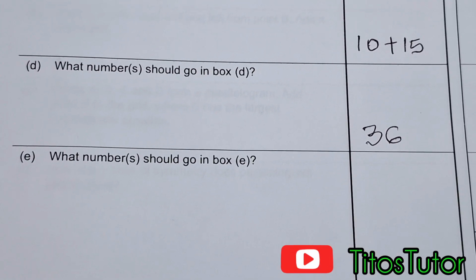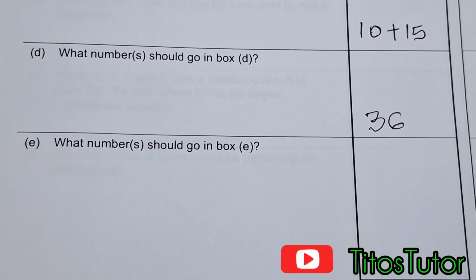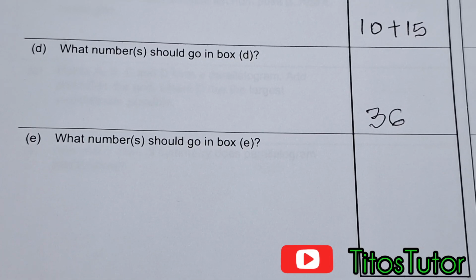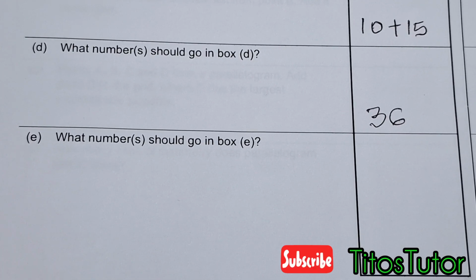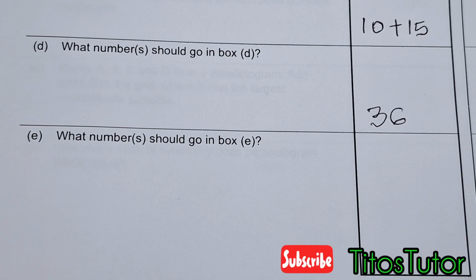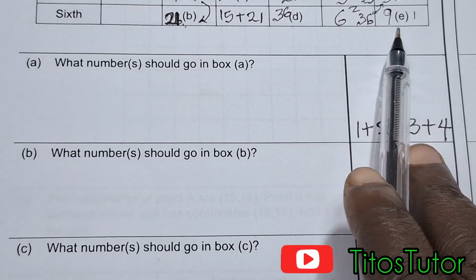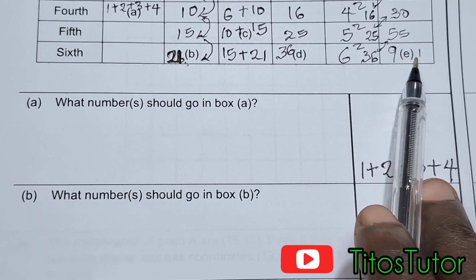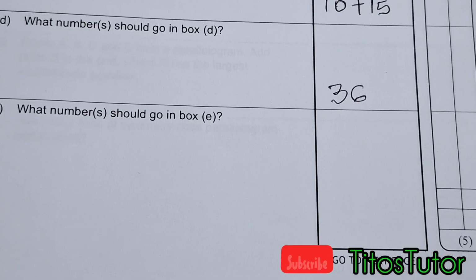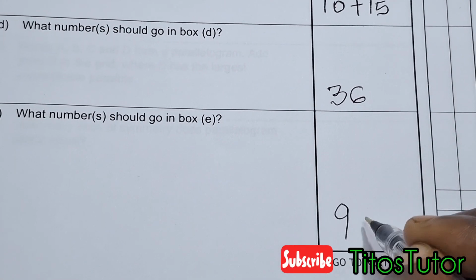The last question here says, what number or numbers should go into box E? That's the last number. So let's go get E. Last one here. We said it was 91. Okay. So here we have 91.